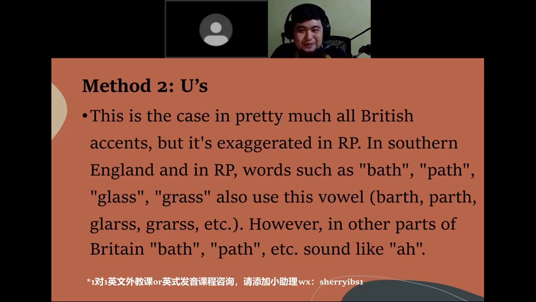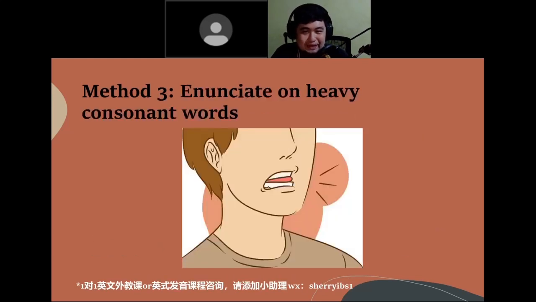Okay, so method 3: enunciate on heavy consonant words. This is really important. As I've said, British is all about enunciating the letters, most importantly the consonants. What are the consonants?